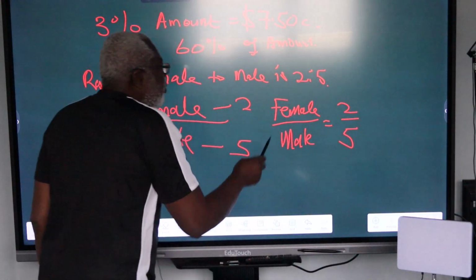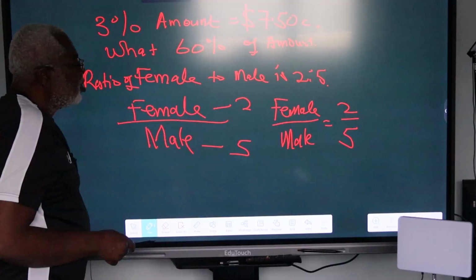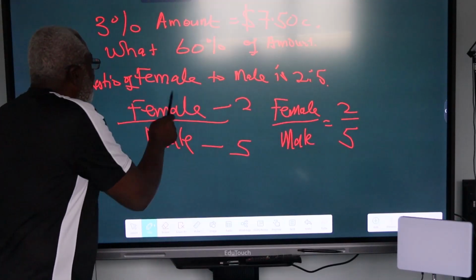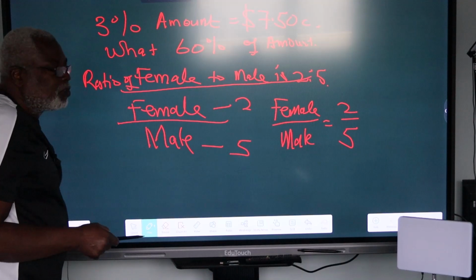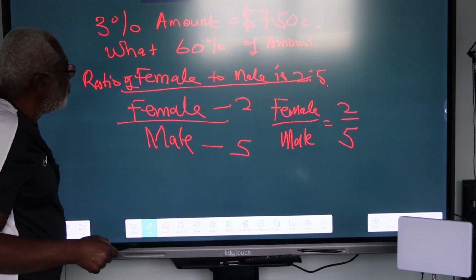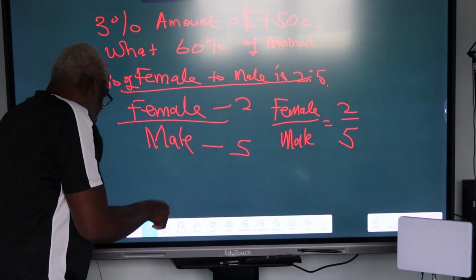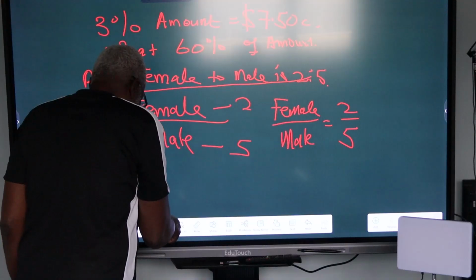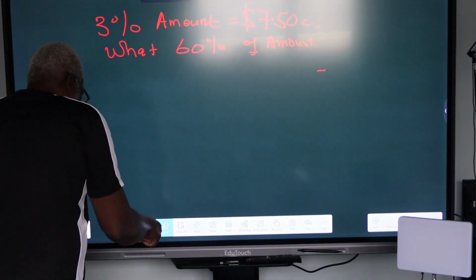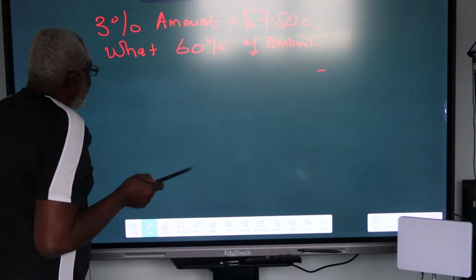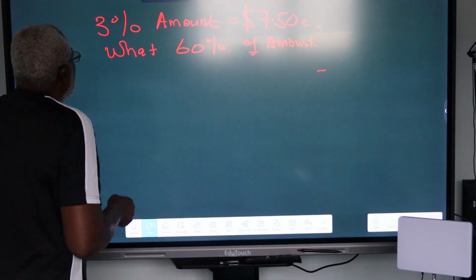So the ratio of female to male is 2/5. I can say it in words like this, but it is really a fraction, 2/5. So use what I've just said to handle this problem.